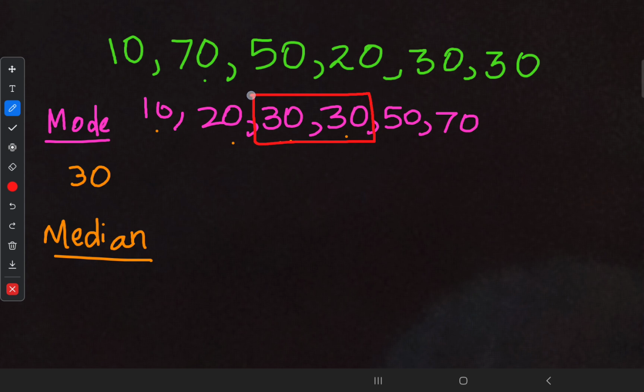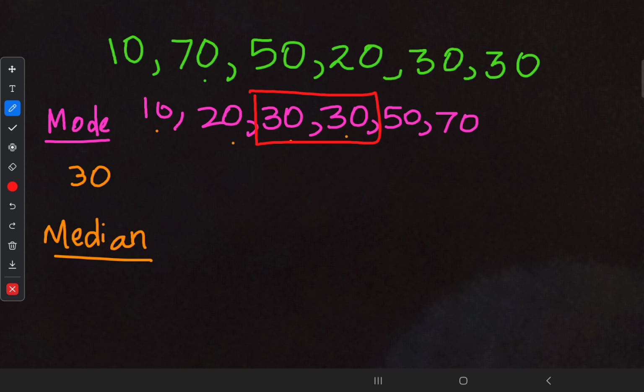When we consider this one as our median, there are only 2 data before it and 3 data after it, so it's incorrect. When you consider this one as your median, there are 3 data before it and 2 after it. This one is also incorrect. So in these cases, you have to find both of them. Both of them are our median.